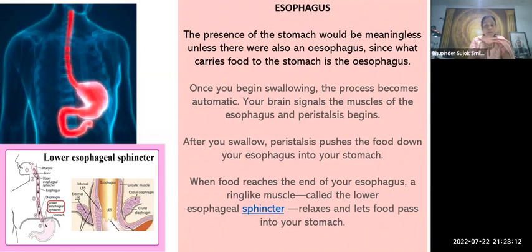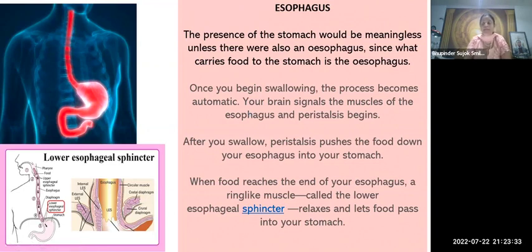So, the esophagus. The presence of the stomach would be meaningless unless there were also an esophagus, since what carries food to the stomach is the esophagus. Once you begin swallowing, the process becomes automatic.